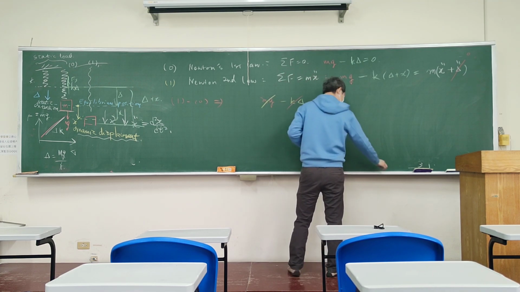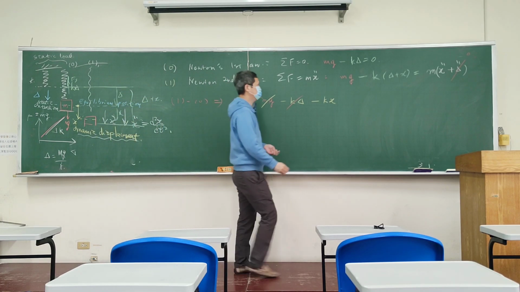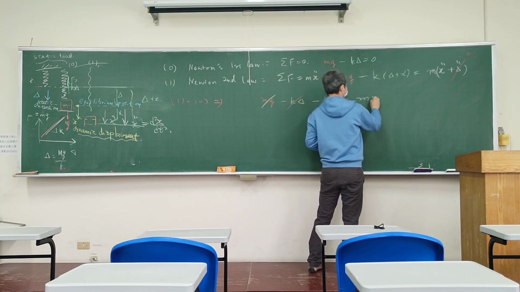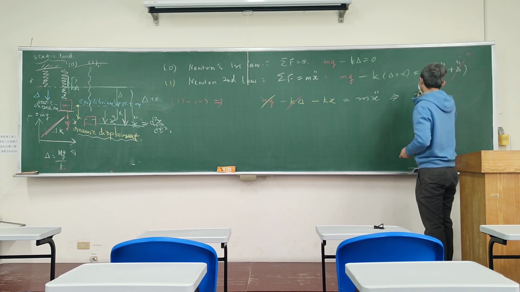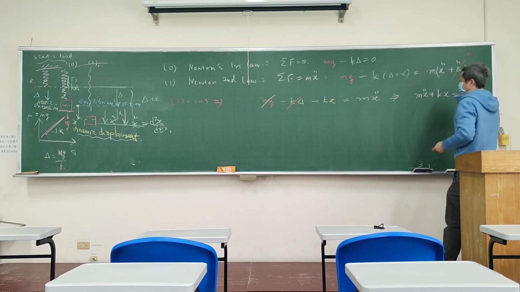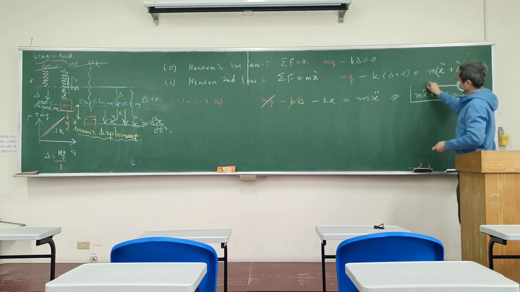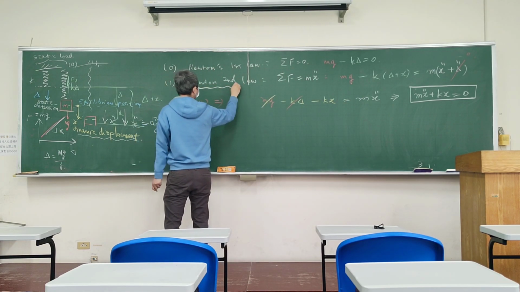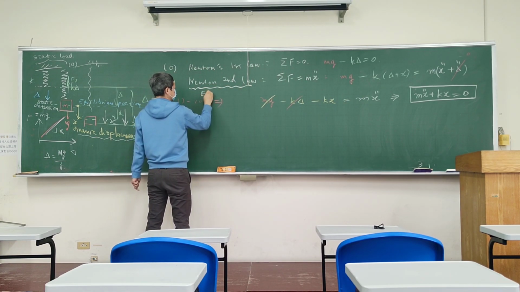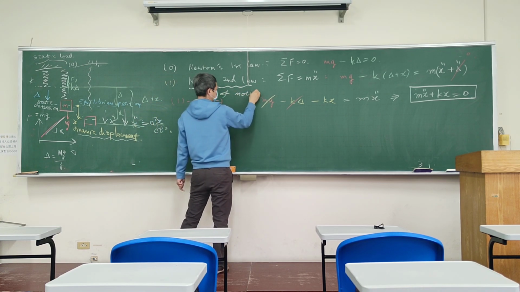And the right hand side is going to be equal to m x double dot. So your equation is now simplified to m x double dot plus kx equal to 0. This is your so-called equation of motion. Even though you are writing Newton's second law, very often we say these are equations of motion.